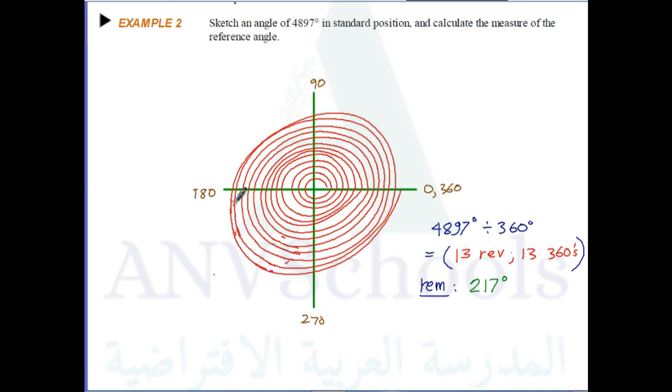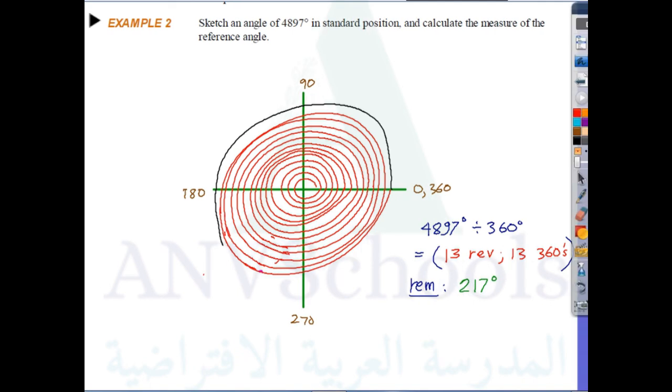Now I'm going to plot my 217 degrees. Bear with me. This is 90, 180, 270, so it should be here. This will be our 217 degrees. Of course I will take my vertex from the origin going to here.